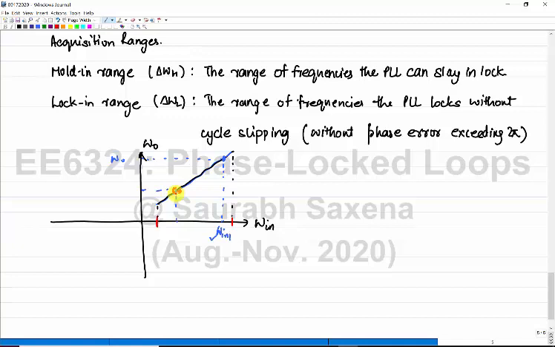The output frequency doesn't fall to 0 or go to some higher frequency. That does not happen. It remains in lock for any small disturbance at the input, whether it's a phase disturbance or a frequency disturbance or any disturbance. It remains in lock.